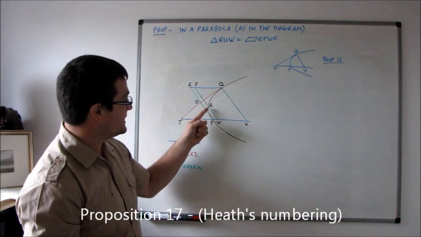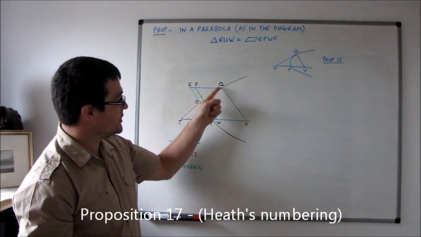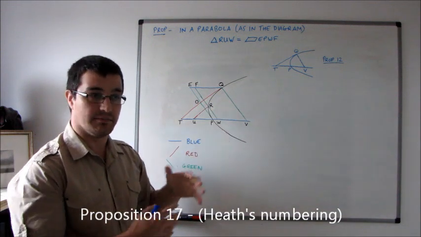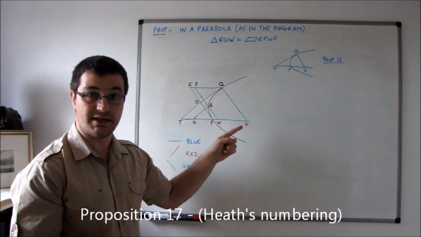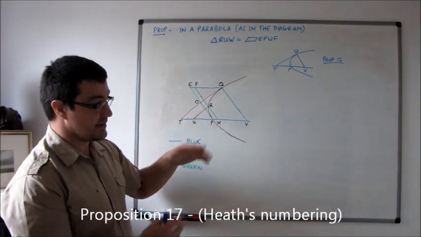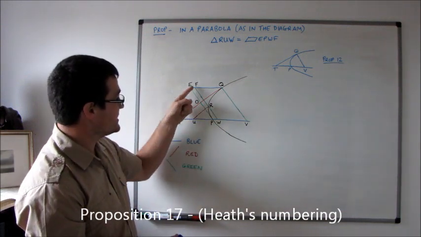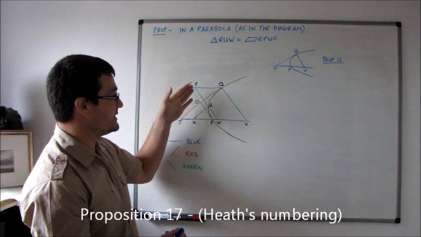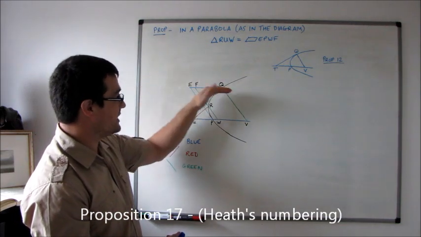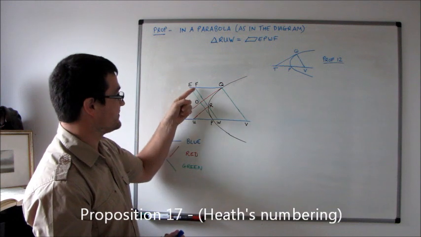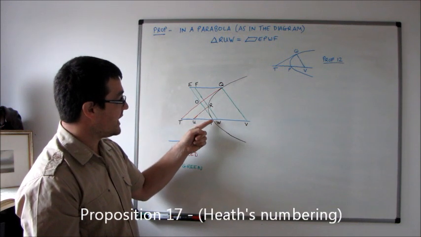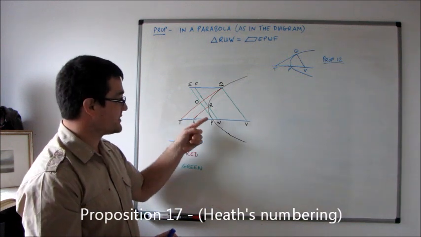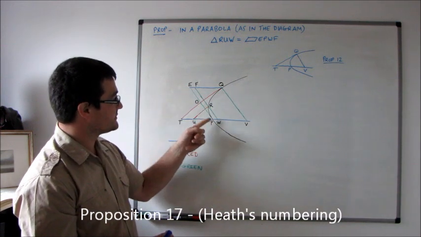And then the lines RW and QV are the ordinates, so they're drawn ordinate-wise to the diameter through P, and extended or produced if necessary to meet the parallel through Q to the diameter in F. And we've also got a line drawn parallel to the ordinates through P as well.